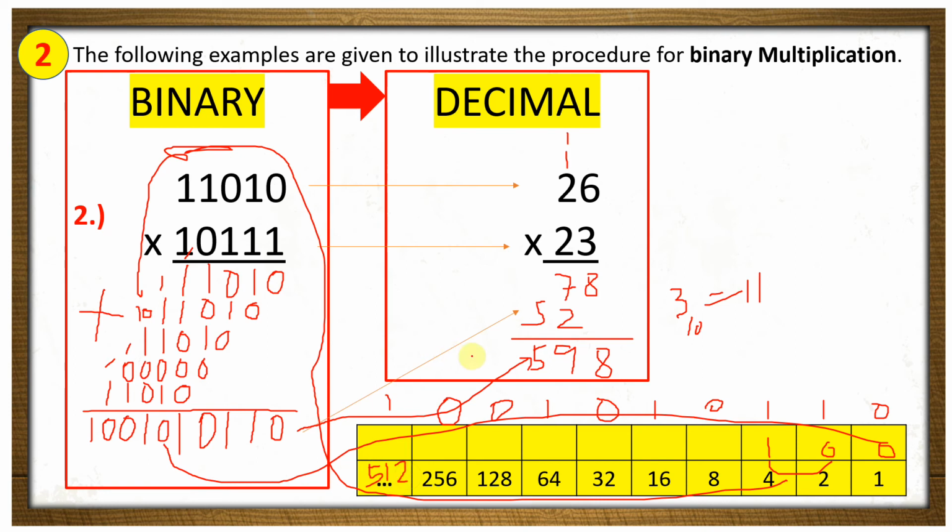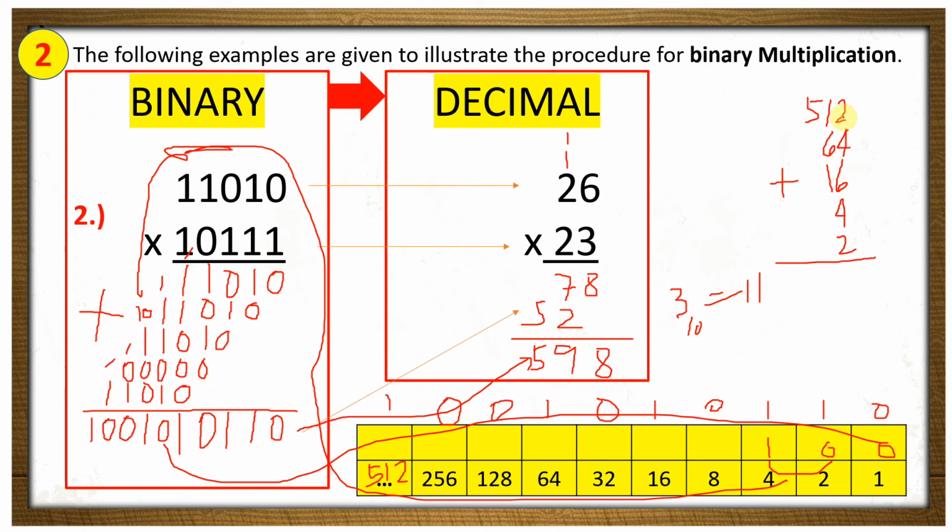Okay, so 512 is on, so you count. So let us add 512 plus 64 is on. Another number that is on is 16. Next is 4 and 2. Okay, let us add. If the sum of this is 598, meaning our answer is correct.